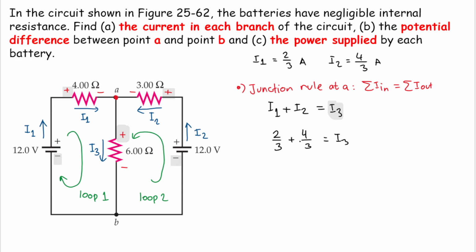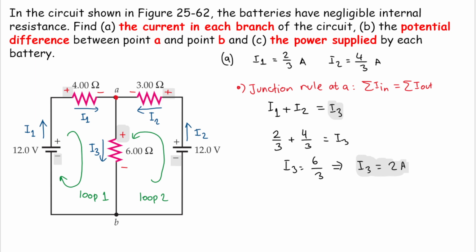This is fractional addition. So we'll have 6 divided by 3, so I3 is 2 ampere. And that is the answer for question A. I1 is the current in this branch, I2 is the current in this branch, and I3 is the current in this branch. So we will have I1, I2, and I3 already.